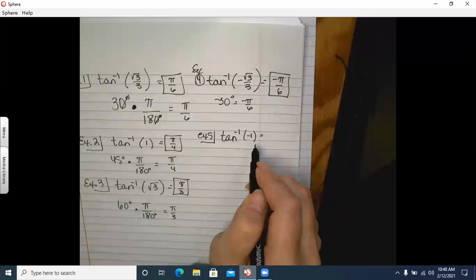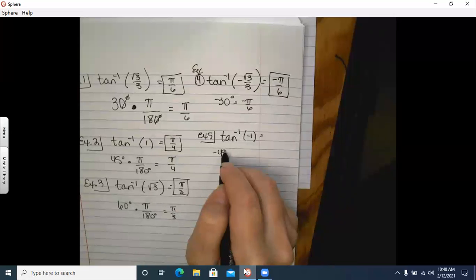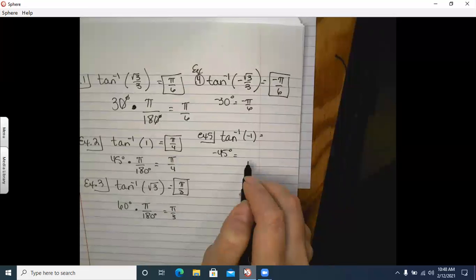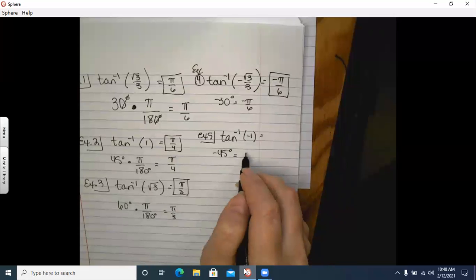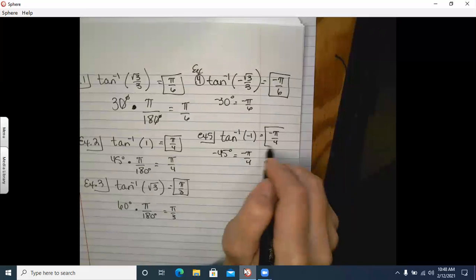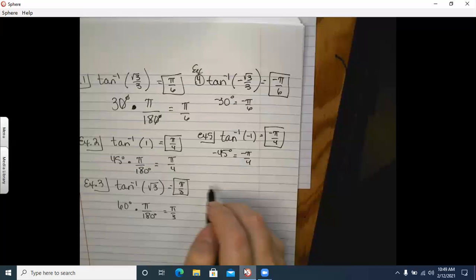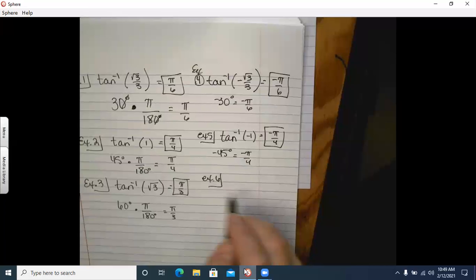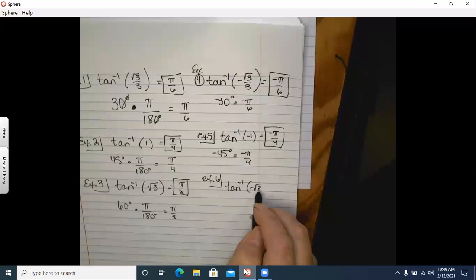Negative 45 degrees, which is what in radians? Negative pi over 4. Example 6, you guessed it. What's the inverse tangent of negative square root of 3? Negative 60 degrees, which is in radians negative pi thirds, right?